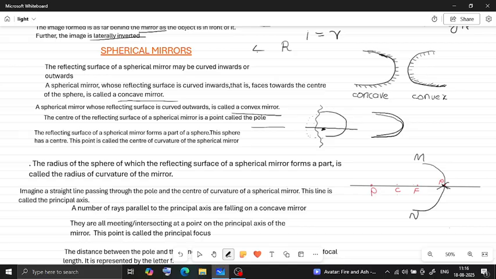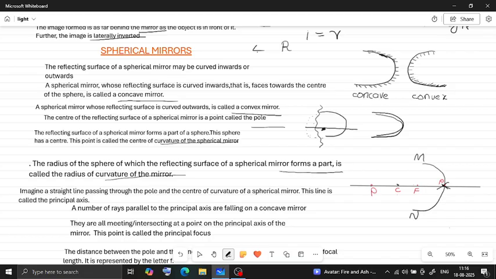The center of the sphere of the spherical mirror is called the center of curvature, and we represent it by the letter C. Then the radius of the sphere, of which the reflecting surface of the spherical mirror is a part, is called the radius of curvature of the mirror.